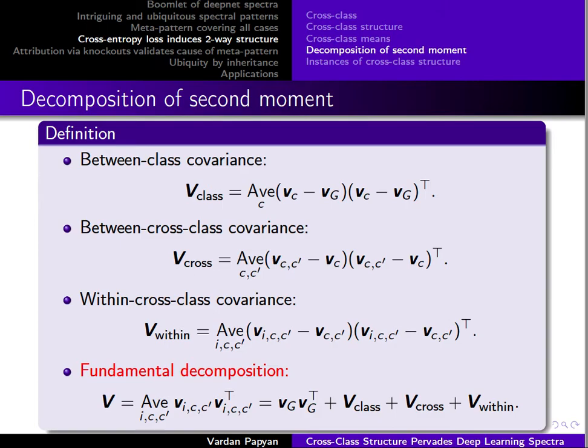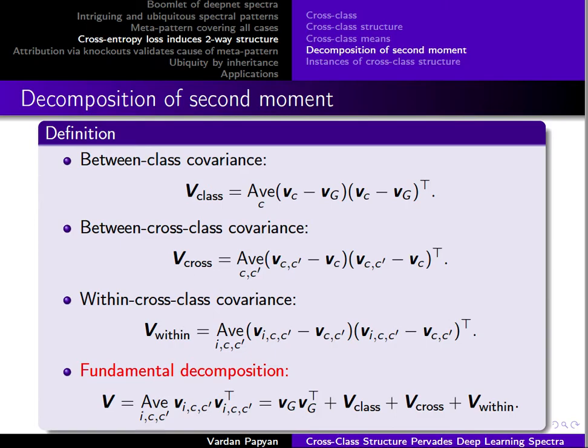The first one is just a rank 1 matrix of the global mean. The second one is a between-class covariance, which measures the variation of the class means around the global mean. The third one is the variation of the cross-class means around the class means. And the last one is the variation of the observations around the cross-class means. It's just the decomposition of variance the same way you would see it in MANOVA.